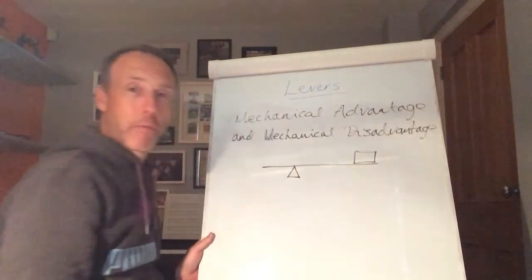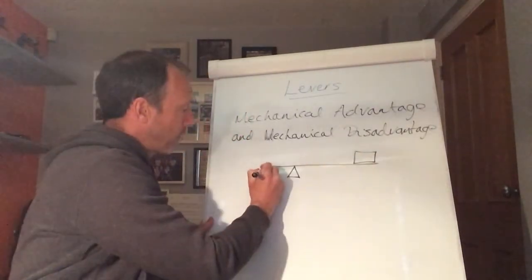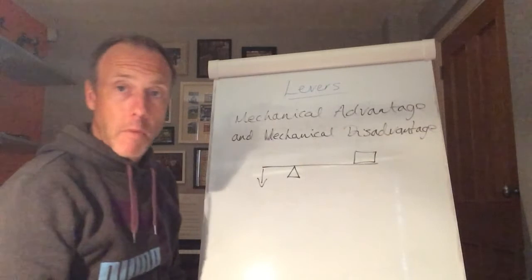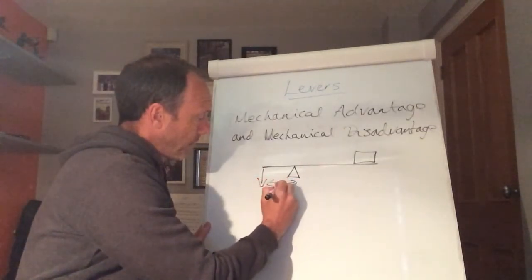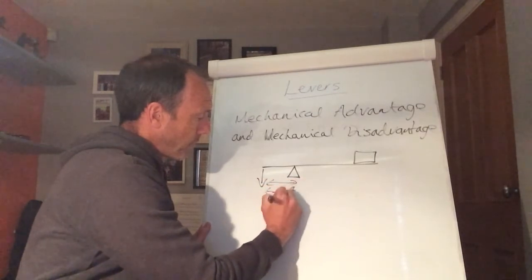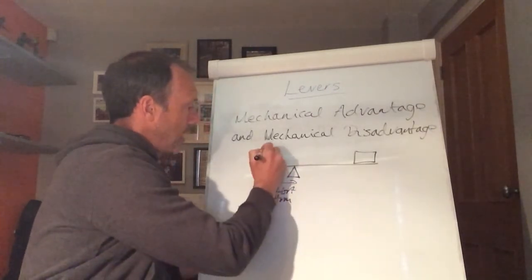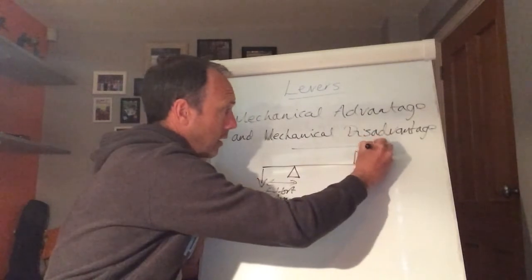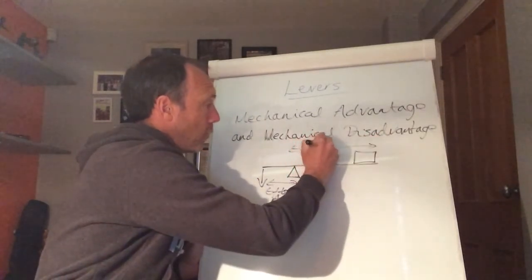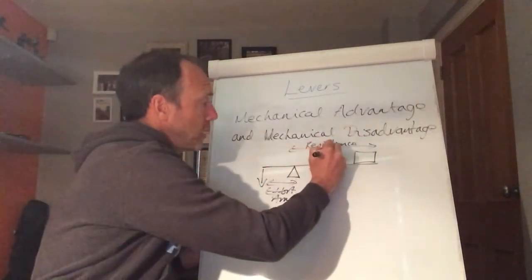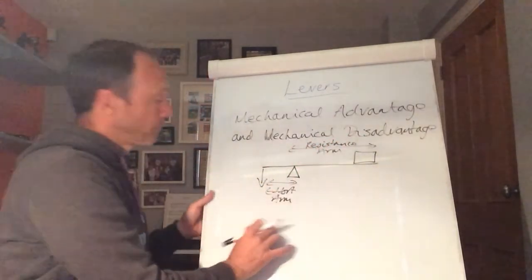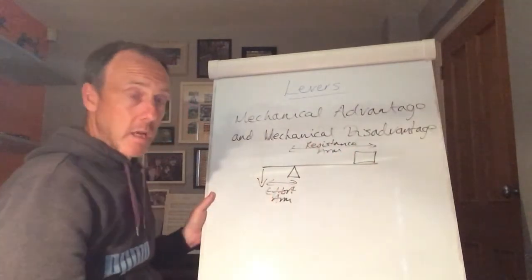I'm going to look at a throwing arm now, and therefore there's my effort. Here's the effort arm. Here is the load arm or the resistance arm. And you notice now that the effort arm is much shorter than the resistance arm.